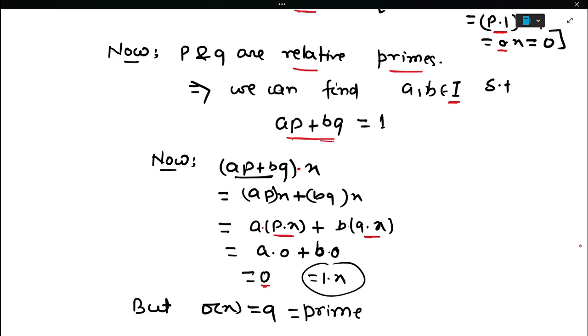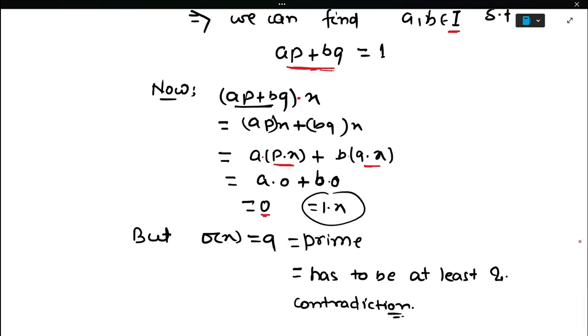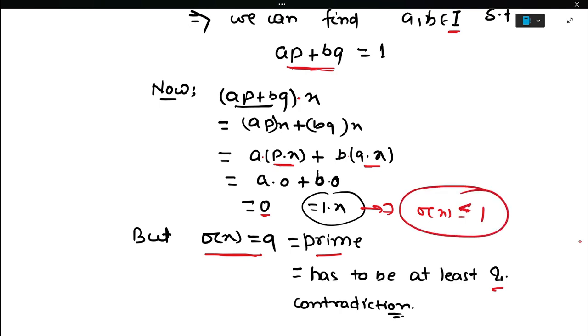Because ap plus bq is nothing but 1, and this dot x equals 0, it means 1 dot x equals 0. But we know that the order of x is q, a prime, and a prime has to be at least 2, whereas this says the order of x is less than or equal to 1.